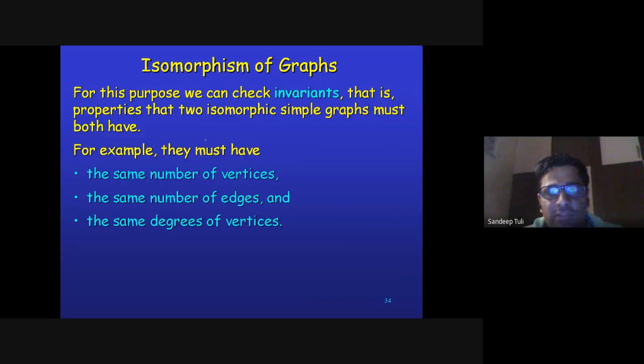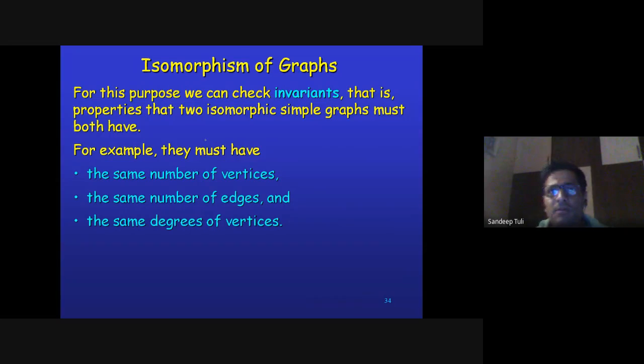Okay, so for this purpose we can check the invariants, that is properties that two isomorphic simple graphs must have. So in order to find out whether the two graphs are isomorphic or not, we can just check those particular properties. It should have the same number of vertices first of all, then the same number of edges also, and the same degree of every corresponding vertex, you can say actually.